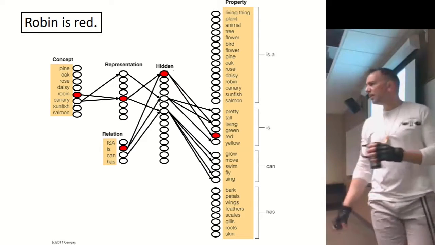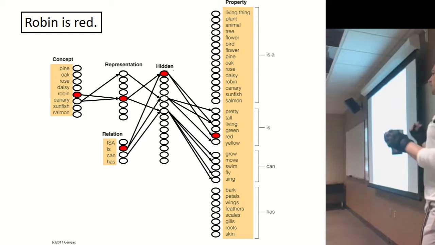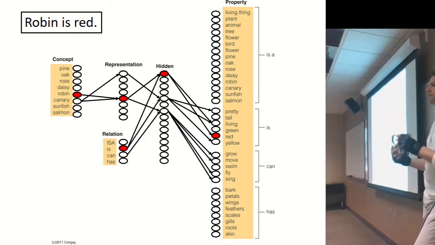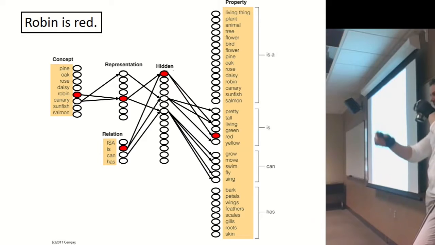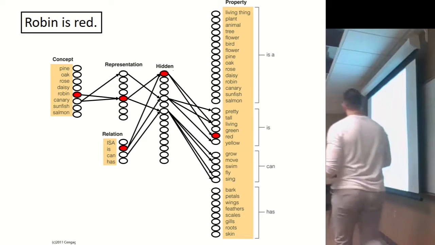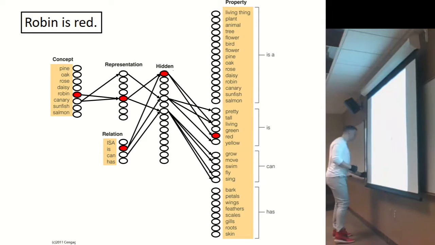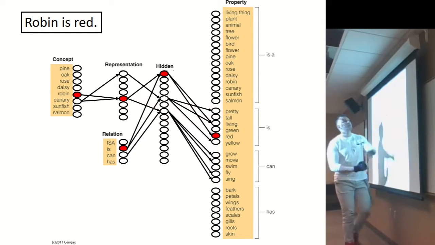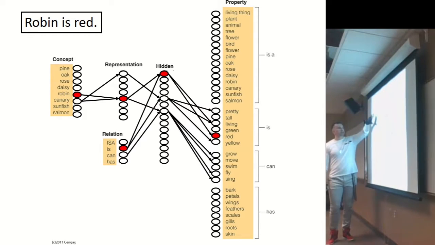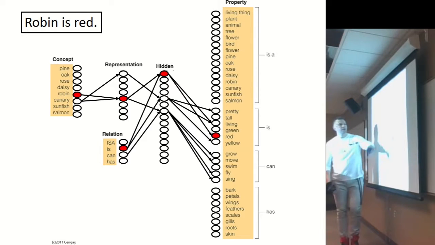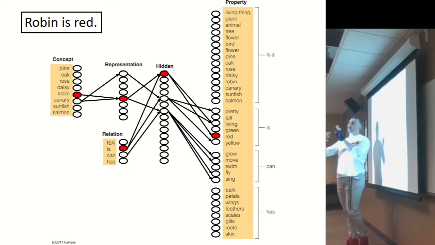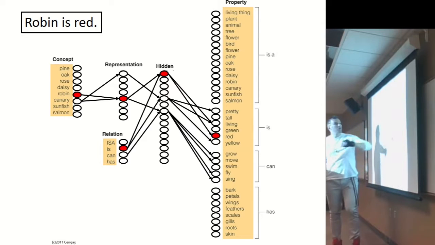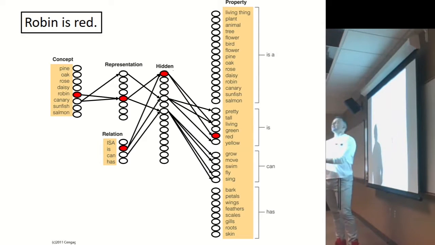All right, any questions on this before we get to a more realistic, fully fledged model? Would the property column represent our knowledge? The property column in this case would represent the properties that these concepts have or could have. So this level of the connectionist network would indicate that you have an understanding of what pretty is, and what red is.